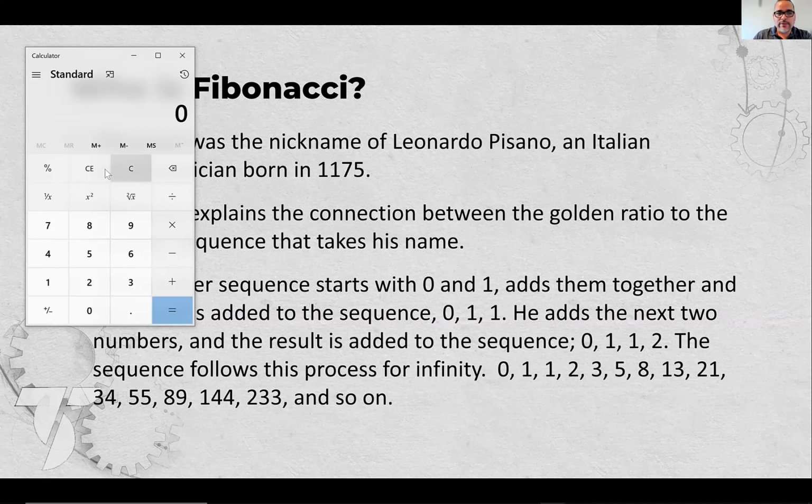Now let's take one number ahead. We take the same 89 and we divide it by 233. And what number do we get? 0.381 or 38.1%, which is another significant level of the Fibonacci drawing tool. And next, you can do one more. Let's take the 89.